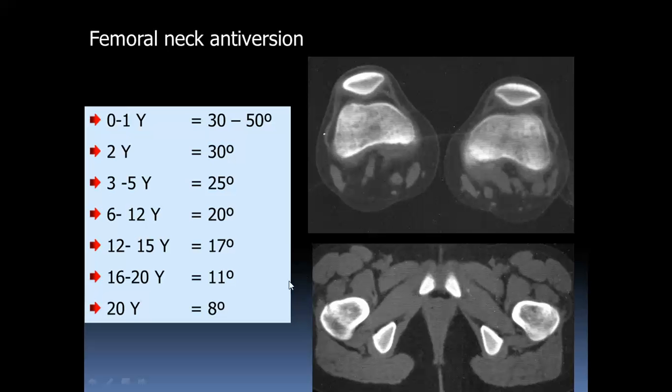Should not be more than 8 to 10 after 20. Here is the line, and here is the other line. The angle made of both these two lines will be any of this according to the age, and this is called the femoral neck anteversion.